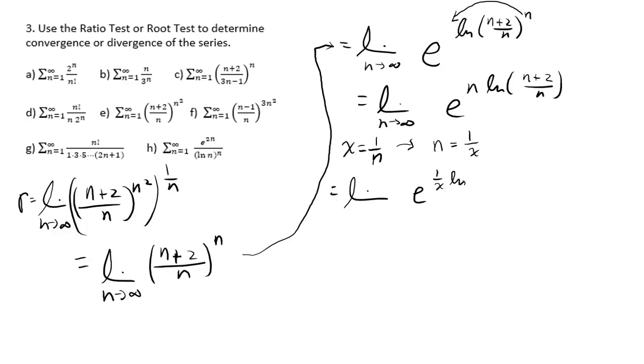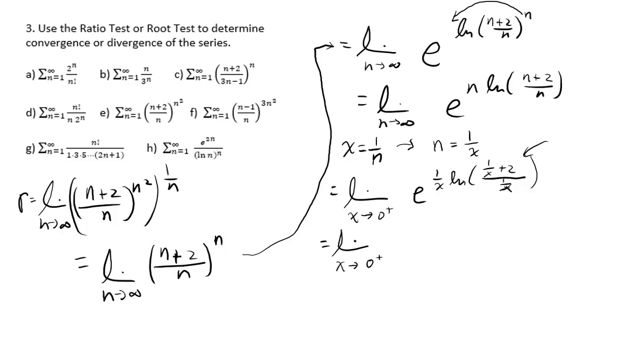Log of (1 over x plus 2) over (1 over x). And then instead of n going to infinity, if n goes to infinity, x would be 1 over infinity, which means it's 0. Okay. Let's rewrite just one more time before we apply L'Hopital's. See, dividing by 1 over x is the same as multiplying by x.